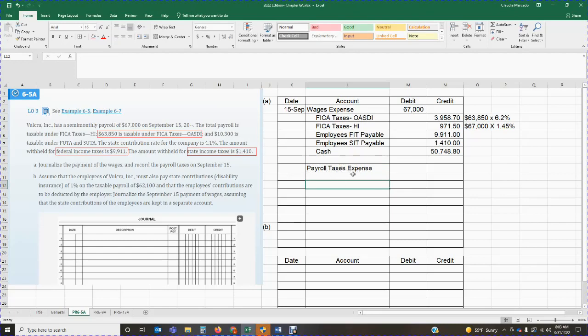I'm putting the word expense because it is an expense account. So payroll taxes should be the debit. Now, I don't know what that amount is, so I'm going to leave it blank. I haven't figured out what my total payroll tax expense for this paycheck is. But I know that payroll tax expense needs to be debited.